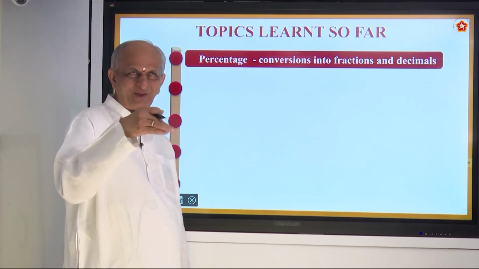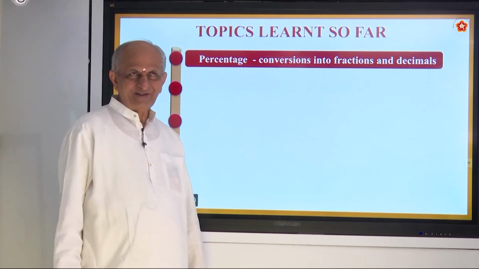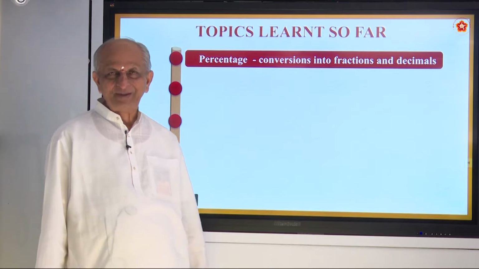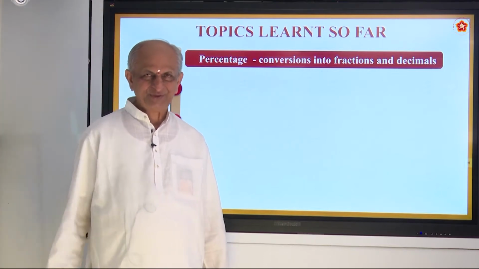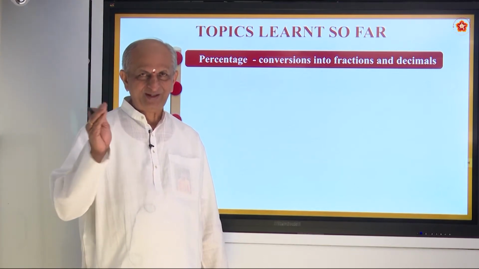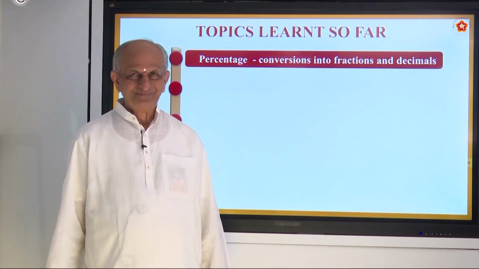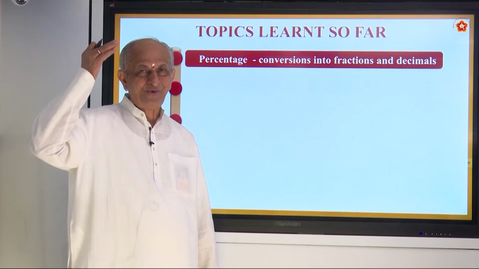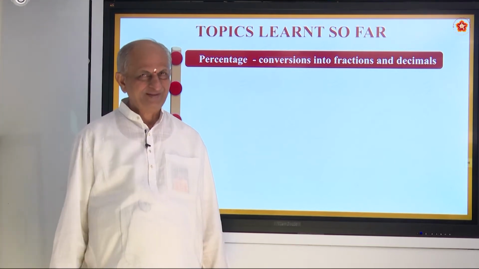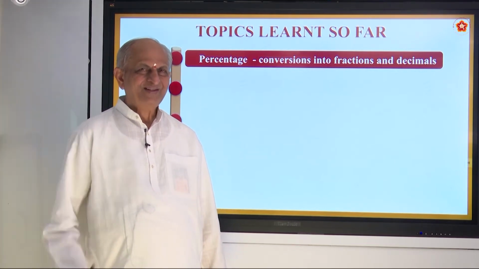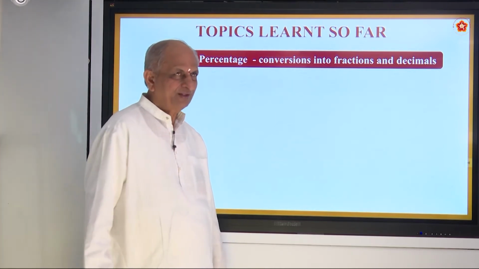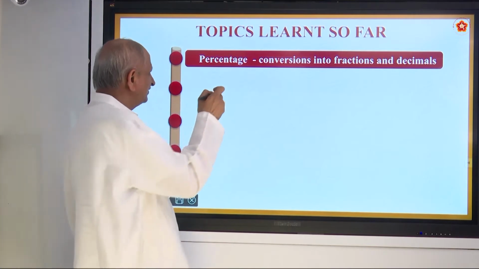If somebody asks you to tell the multiplication table of 6, you say 6 ones are 6, 6 twos are 12, so easily. Why is it easy? Because you learned it so many times from class 1. Like that, repetition of things makes you thorough. Come on, we will finish off fast.